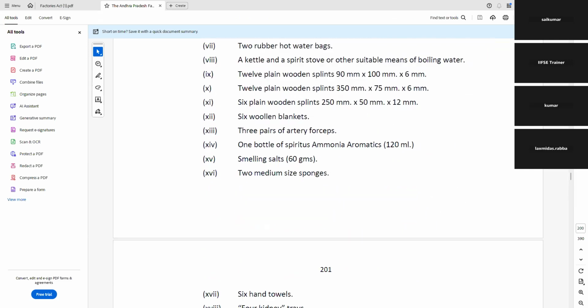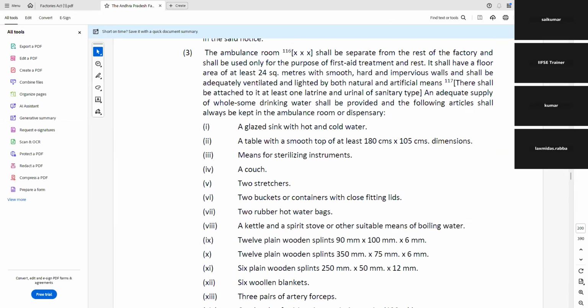So how many contract employees are required for that ambulance room? I mean the full-time nurse. No, not about nurse. I'm talking about how many contract workers are available for the factory. In our company we have only 100 to 150, but we have a first aid room center, not an ambulance room.